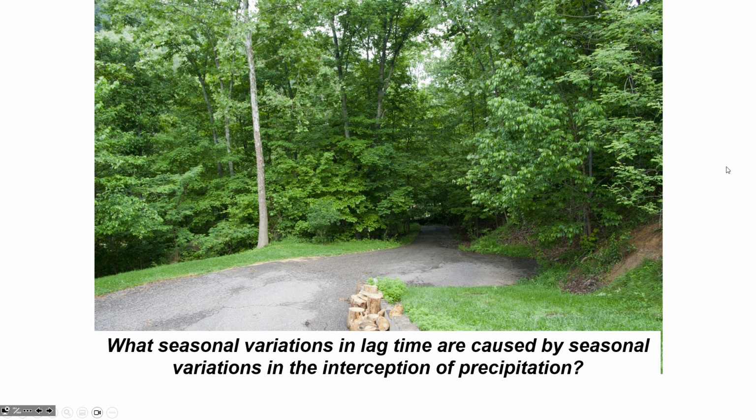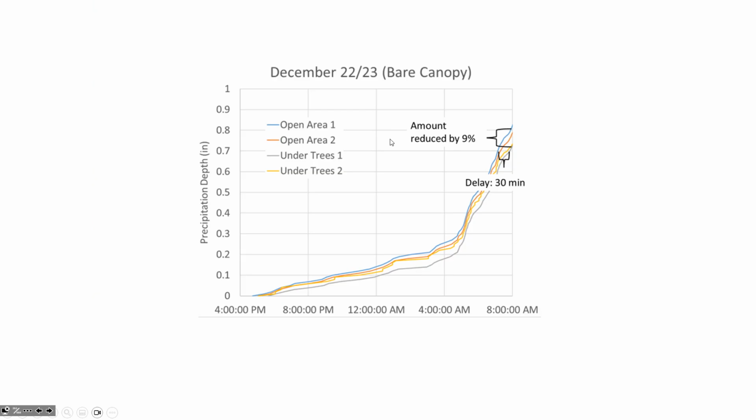And I put some stream gauges into a watershed and compared it to precipitation data that I gathered. And so this is some data that I generated a few years ago looking at a storm that occurred in December.